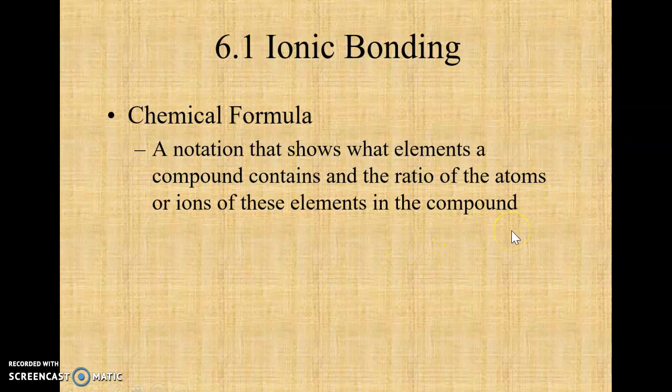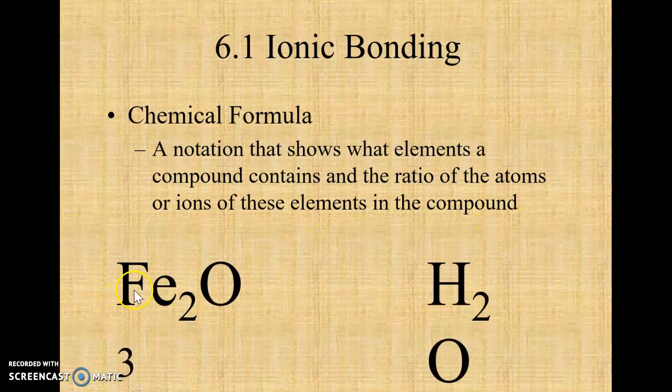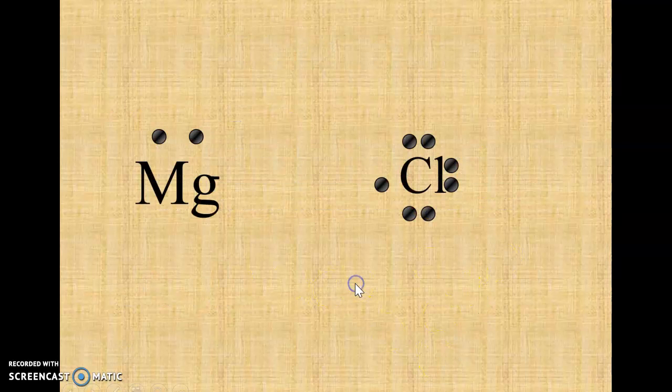Chemical formula, notation that shows what elements a compound contains and the ratio of atoms or ions of these elements in the compound. So you have iron and oxygen here. Over here we have hydrogen and oxygen. Here's one, magnesium and chlorine. It's wanting to steal this electron to make it full.